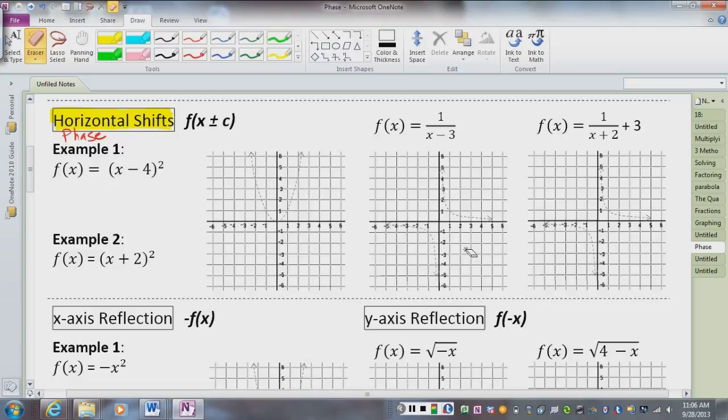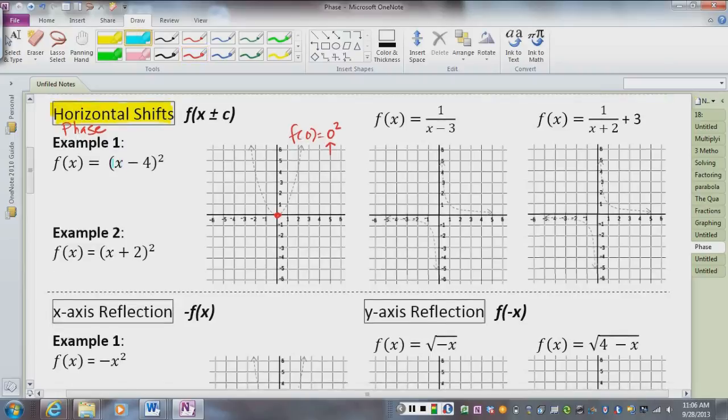So with my parabola, I want you to think about the vertex. For my parent function, the vertex is located at the origin 0, 0. If x is 0, my y value is also 0. So when we're looking at this, I want you to think, okay, well, how can I make that become 0?